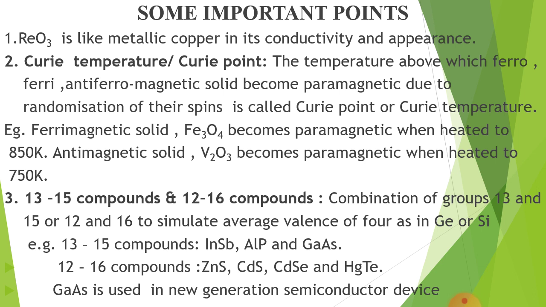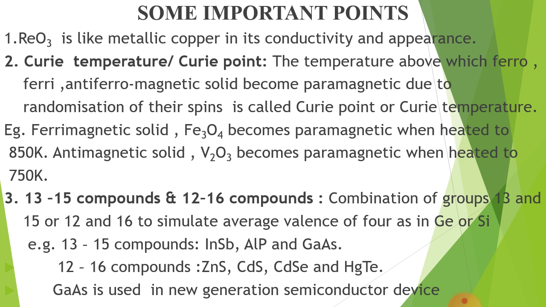Point number 1. Here one oxide is given, that is known as rhenium oxide. This behaves just like copper in its conductivity and appearance. That's why one question may arise, which metal oxide behaves just like copper. So your answer is rhenium oxide.